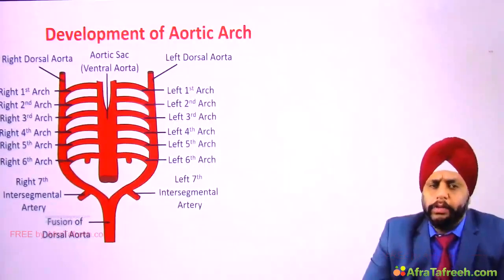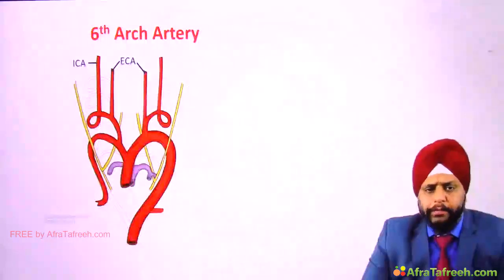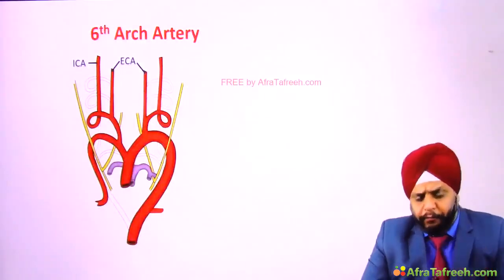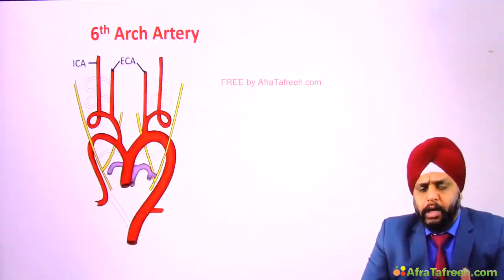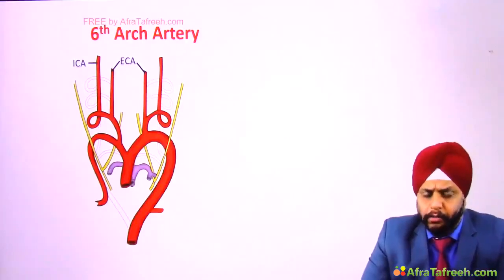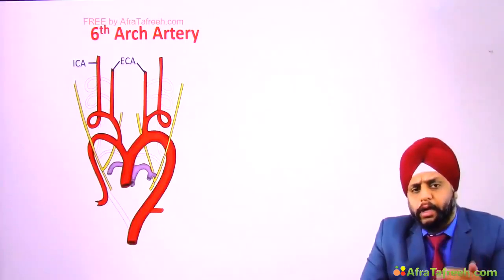Now what happens to these structures? On the right side, the fifth and the sixth arch arteries disappear. The fifth arch and artery, everything disappears. So on the right side, the sixth arch artery disappears as well.